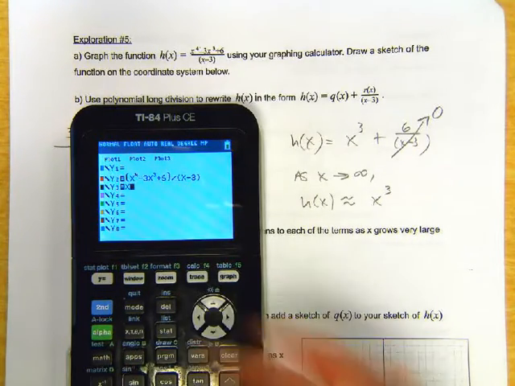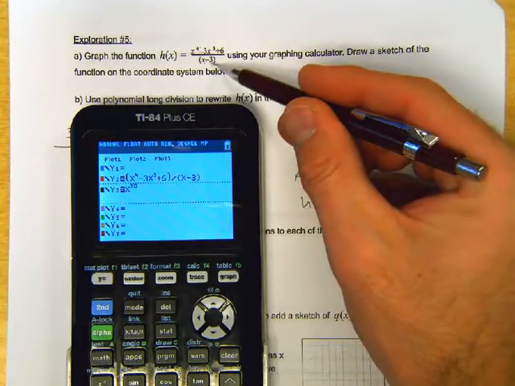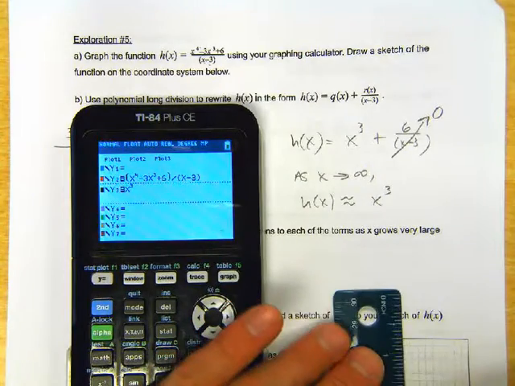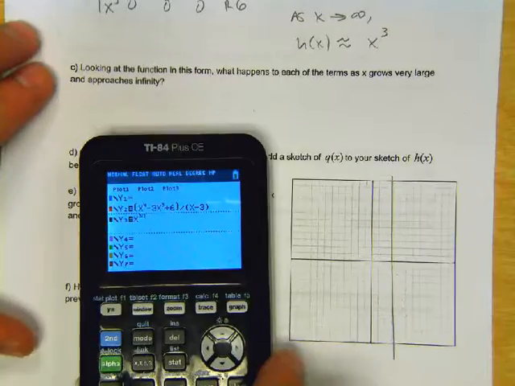And then x cubed is our asymptote. Hey, are there any vertical asymptotes? Yes, positive 3. So I'm going to draw that in. That one's easy. Okay, here we go. Here's the graph.